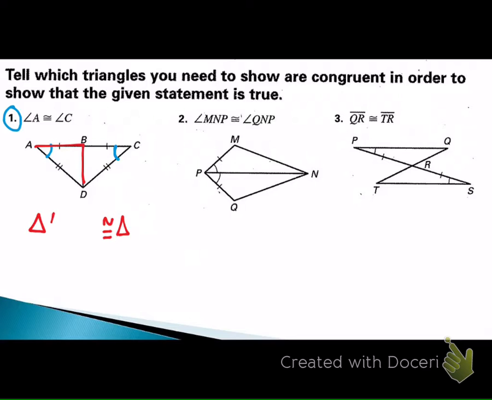A, B, D would have to match with which one? B, C, D. Okay, if A and C are congruent, they have to be in the same spot. So if we start with C, A, we have to start, so C, B, D. The corresponding parts have to be in the same spot. So since we want A and C to be congruent, they both have to be in the same position.